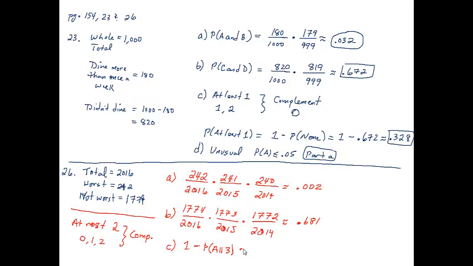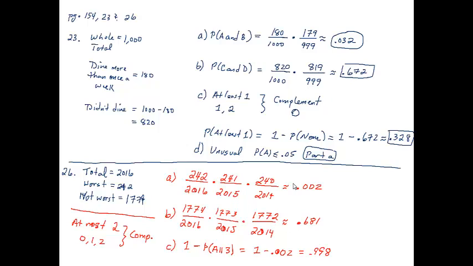So that's what we did in part A. So that's 1 minus 0.002, and we get 0.998.